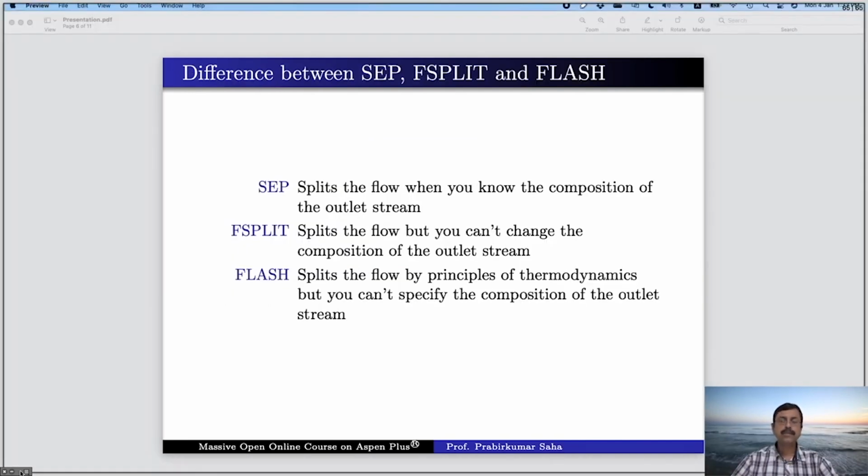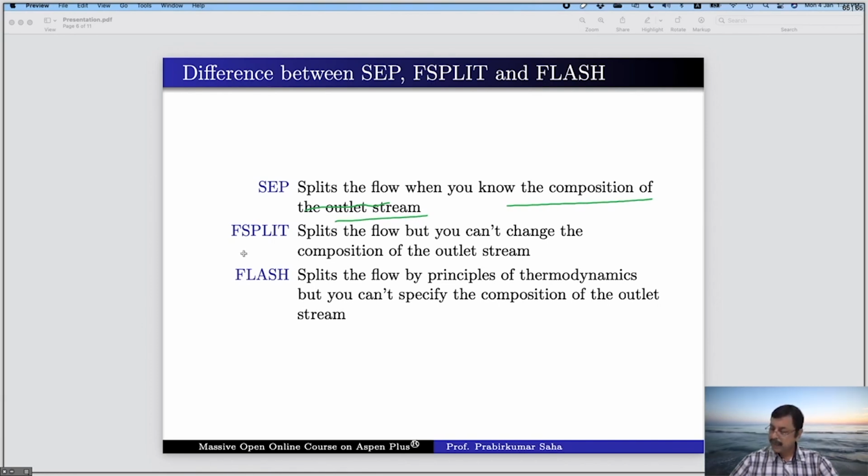Now one thing is common for SEP, splitter and flash. All of them split the flow. But SEP splits the flow when you know the composition of the outlet stream, not all, but up to the degrees of freedom.